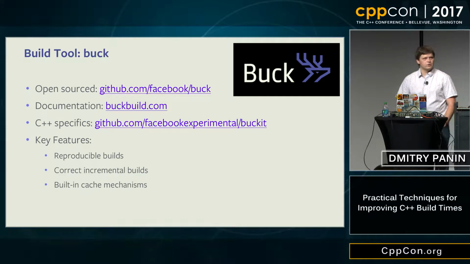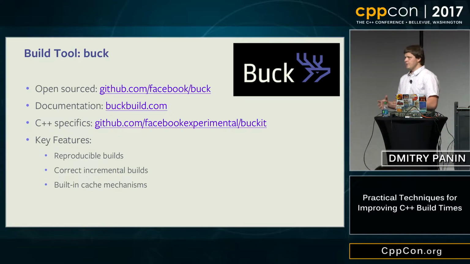And what are the key features of the Buck we use? First one is reproducible builds. So it means that Buck runs the build in a sandbox, which isolates the build from your environment, and it should behave the same way on any other computer. The second one is incremental builds.